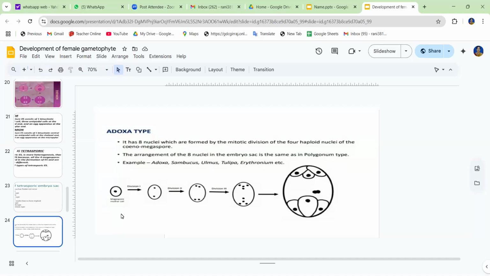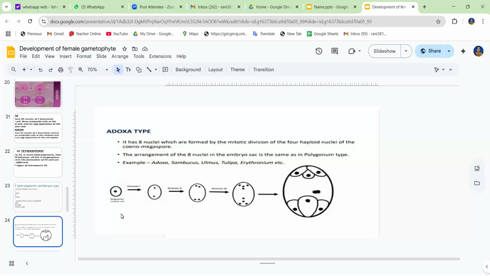You can observe here, one and second division, 1 to 2, 2 to 4, 4 to 8 nuclei are formed. So it has 8 nuclei which are formed by the mitotic division of the 4 haploid nuclei of the coenomegaspore. The arrangement of the 8 nuclei in the embryo sac is the same as in the Polygonum type.